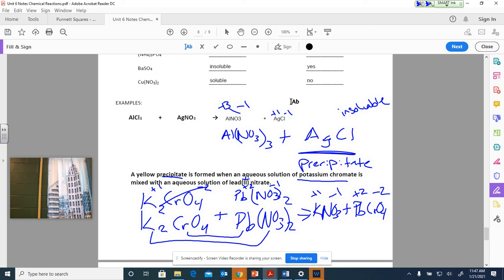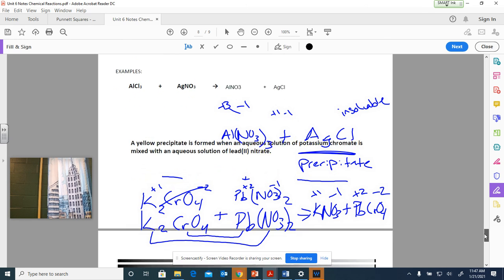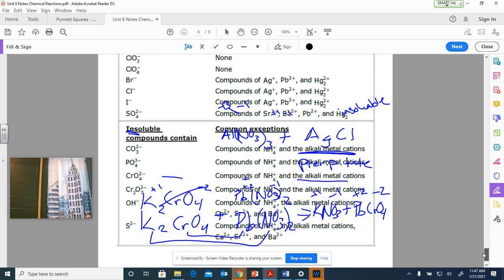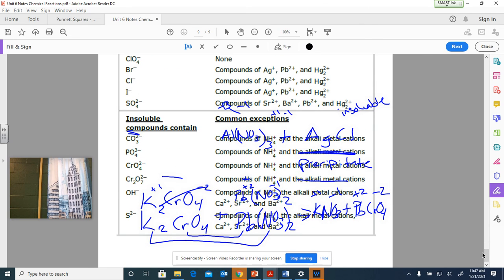But I want to know which one is the precipitate. So if I scroll down, I'll let you do that. Okay, so look. Remember, NO3 is soluble all the time. So I know it's not that one. It's not KNO3. If I keep going down to find chromate, CrO4 is in the insoluble list. It's insoluble all the time except with NH4 or alkali metals.